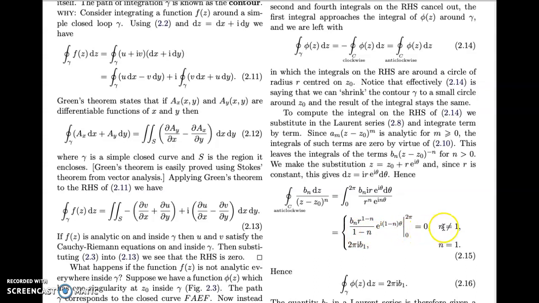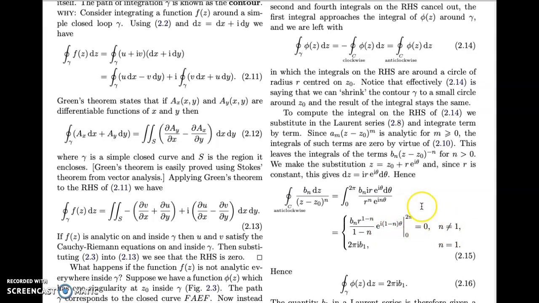So as long as n is not 1, then we end up with this, and we can express e to the i times (1 minus n) theta as cos and sine, the Euler formula. These are all integers, n is an integer, so when we substitute 2 pi and 0, we just get the same value. This cancels out, so this expression cancels out and we get 0. This is if n is not 1.